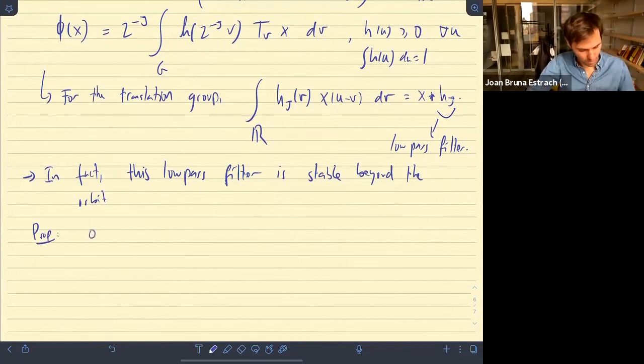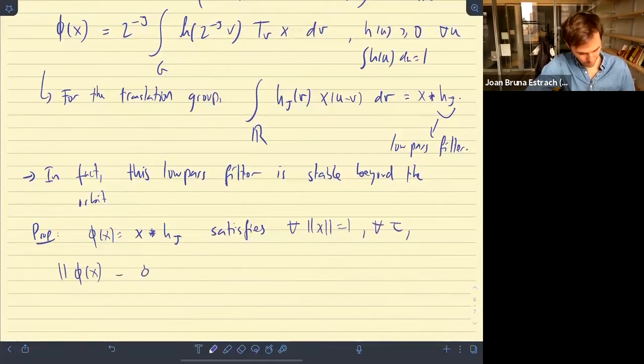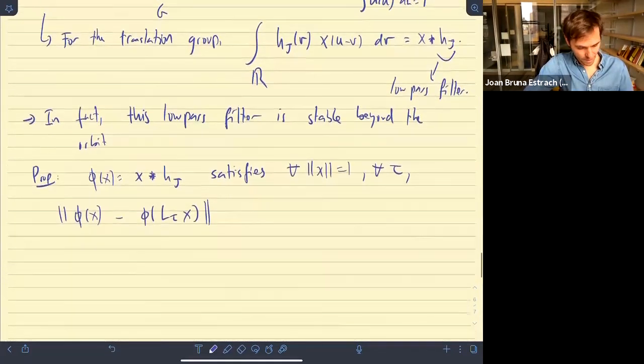If I have this operation, phi of x, a representation that in this case is linear, just a convolution with a low-pass filter, it satisfies, for all x, it's unitary, for all tau, that this minus the low-pass filter applied to the deformation is small.